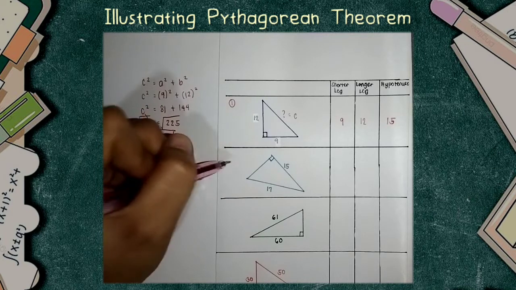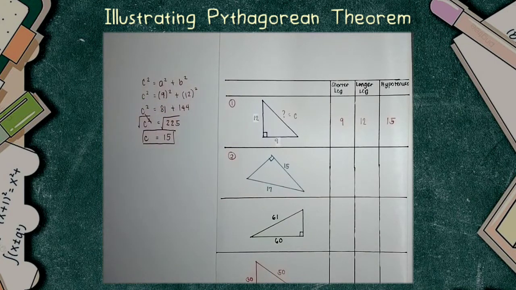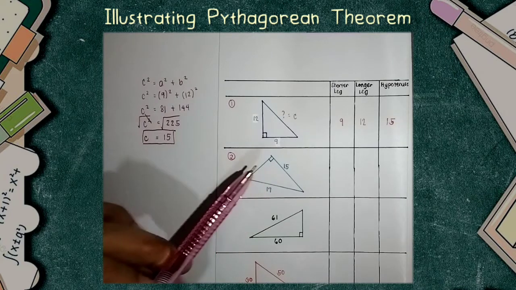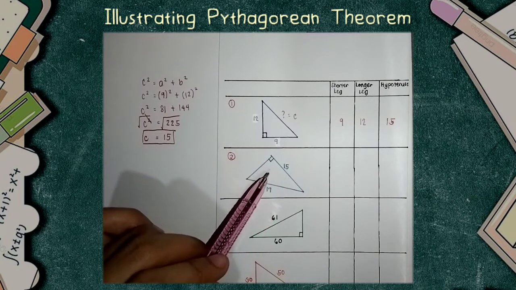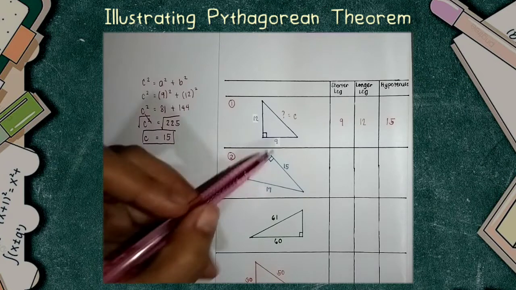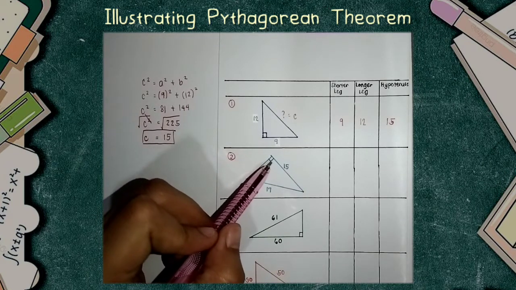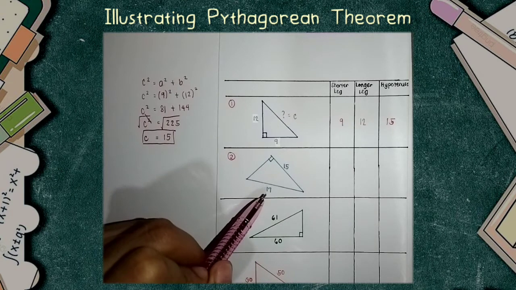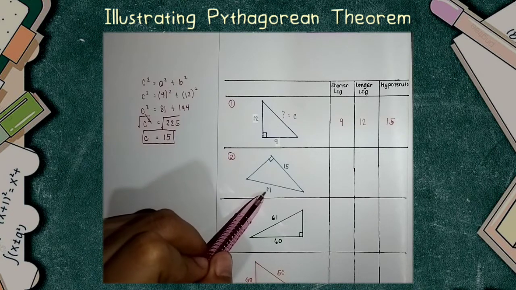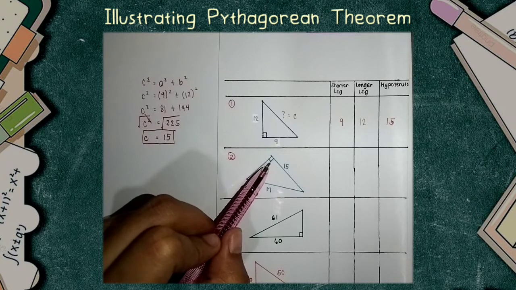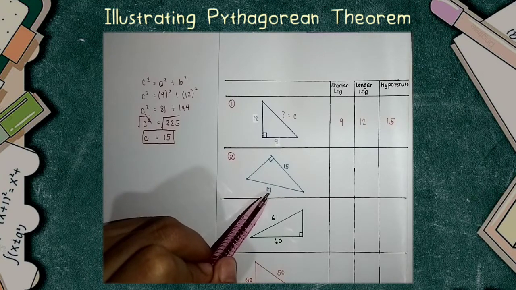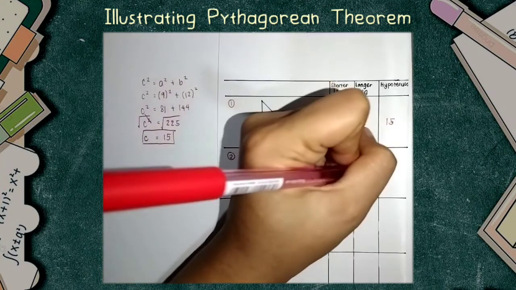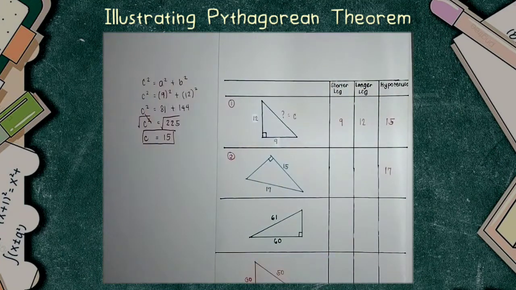Okay, so example number 2. In our example number 2, ang ating given ay 15 and 17. So, ano ba yung 17? Ang 17 ay opposite nung right angle, so ito yung kanyang hypotenuse. Ilagay na natin dito na siya yung hypotenuse.